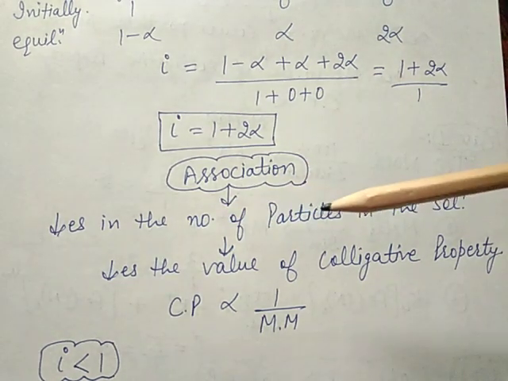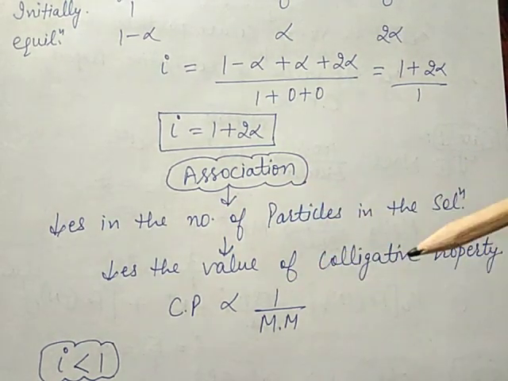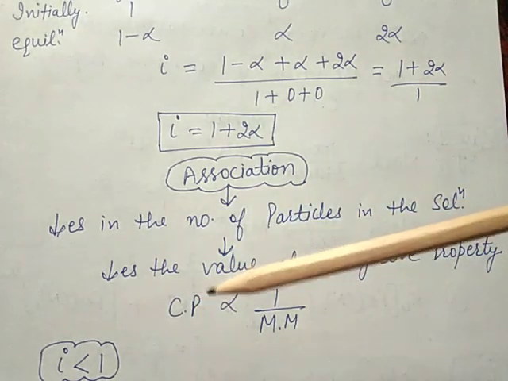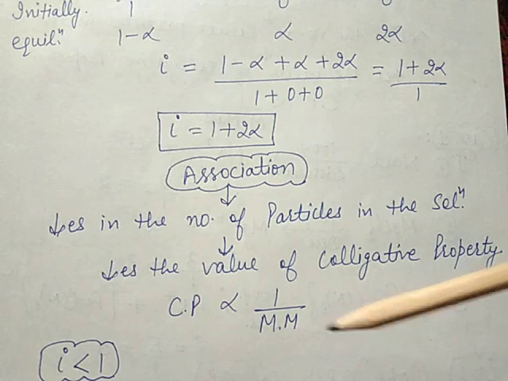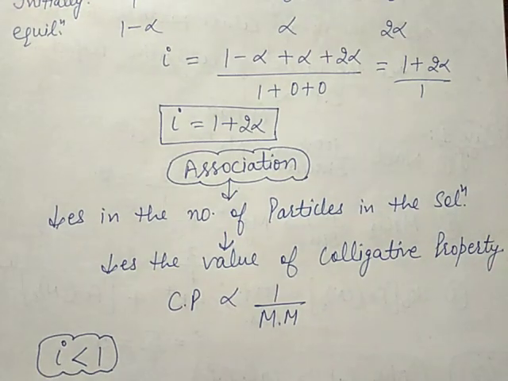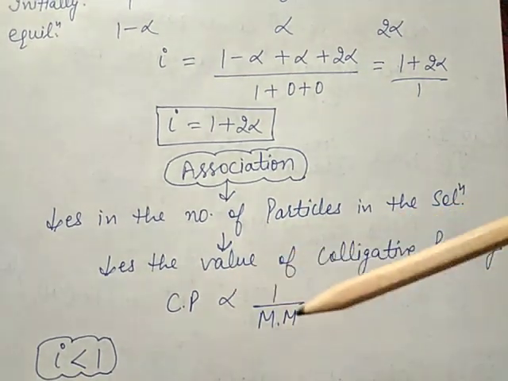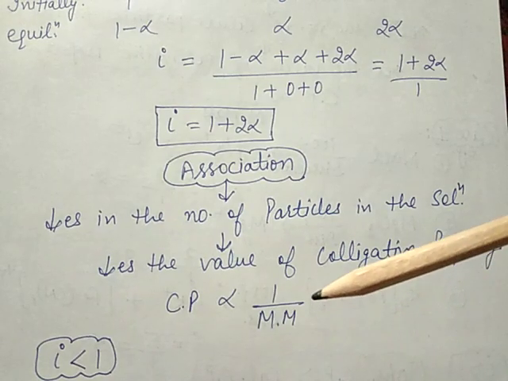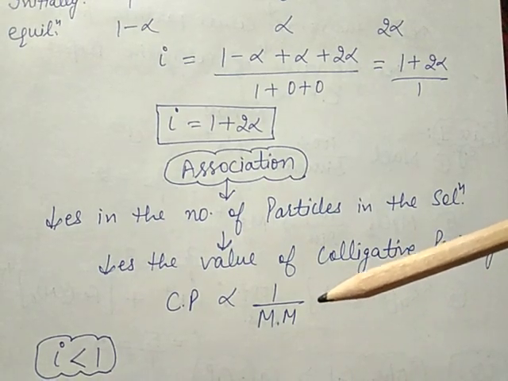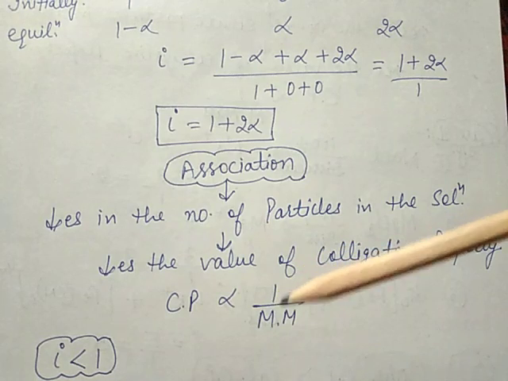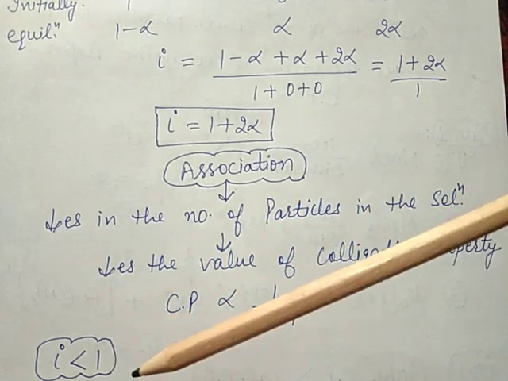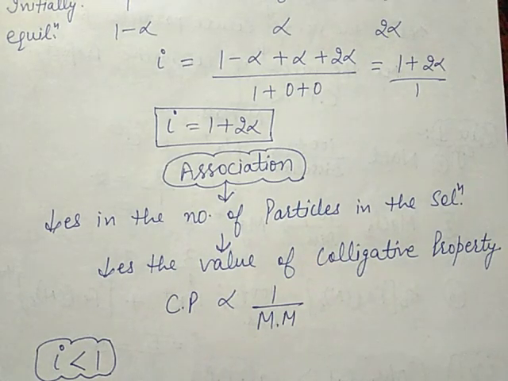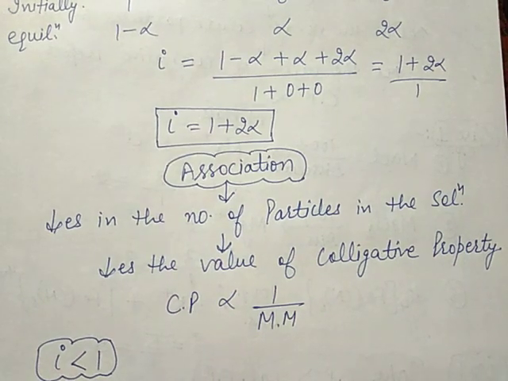It means number of particles decreases, colligative property decreases. Colligative property is inversely proportional to molecular mass. So higher value is obtained for molecular mass than the normal value. So iota is less than 1 in case of associating solute.